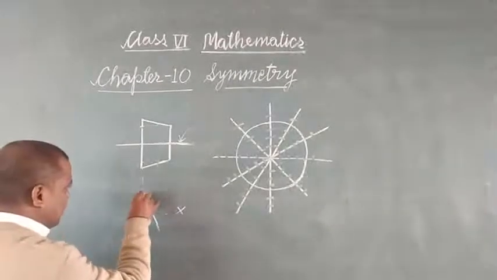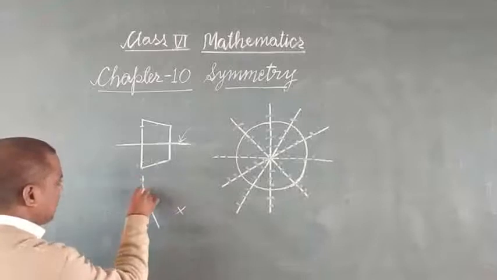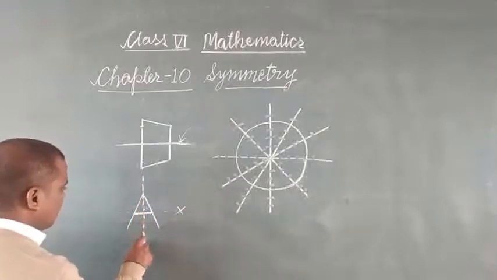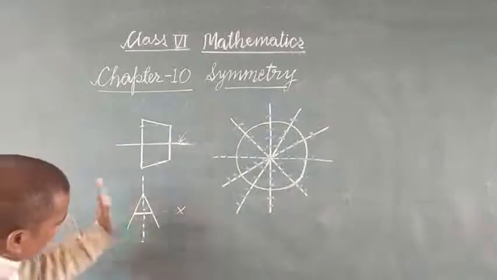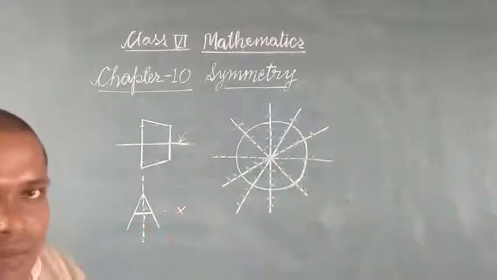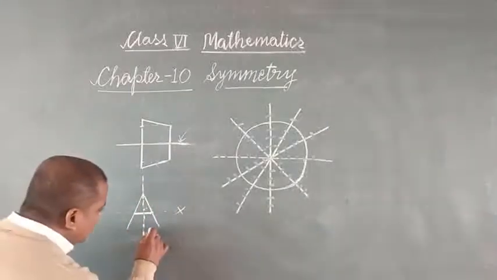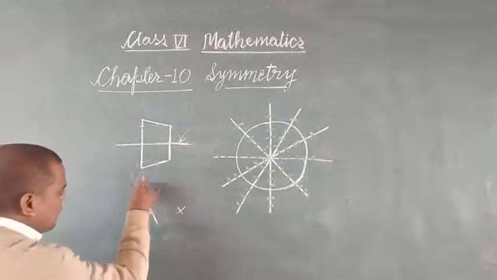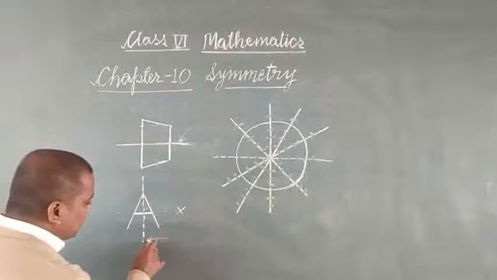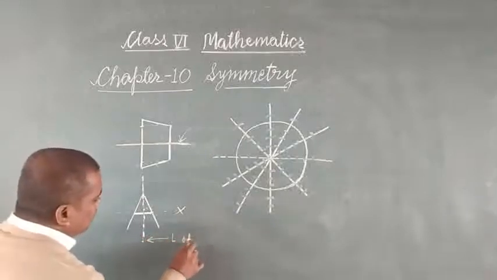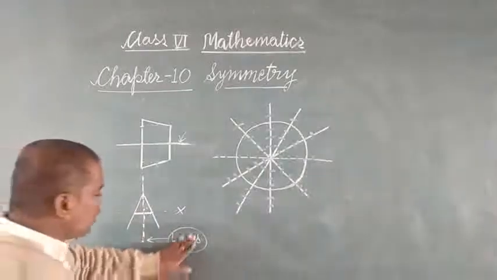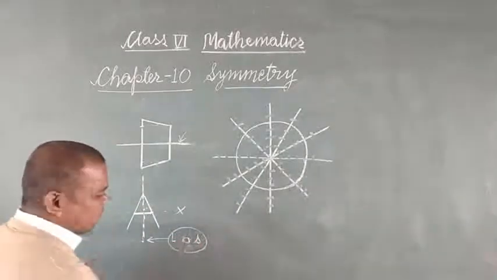But if I draw like this, see, this side and this side of this line look exactly the same. It means this part and this part have the same shape and size, so this will be the line of symmetry. We write LoS in short for line of symmetry.